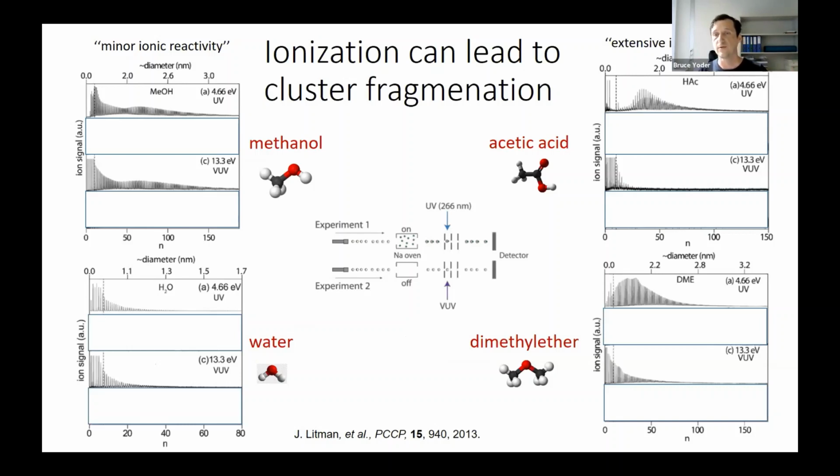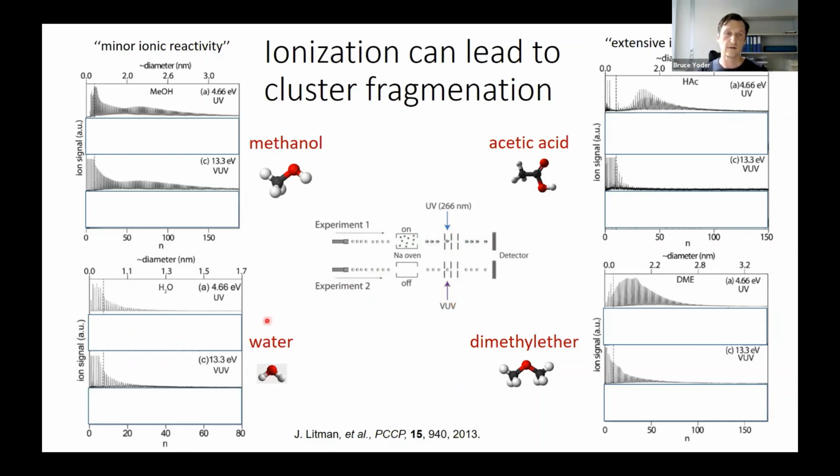After passing a temperature-controlled oven filled with sodium metal, the clusters pick up a sodium atom and then enter an ionization time-of-flight chamber where they're ionized with UV light that ionizes the sodium atom but not the cluster itself. Or these clusters pass through a cold oven, do not pick up the sodium, and are directly ionized by VUV light. We'll call this experiment 2.